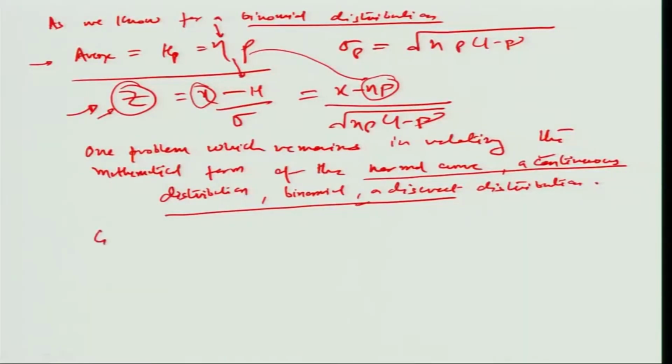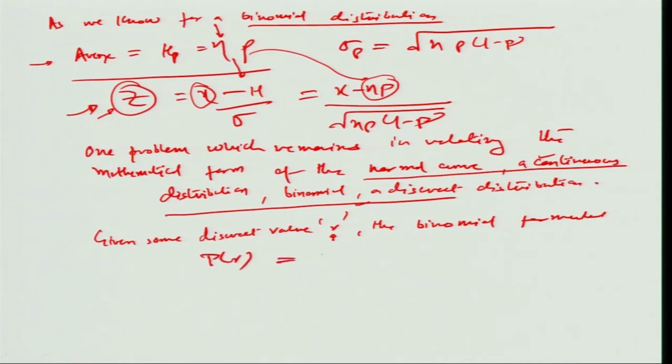So, given some discrete value r, where r is the number of times rejection happens, the binomial formula predicts the probability of this r to occur as nCr p to the power of r, 1 minus p to the power of n minus r, and this has some finite value.